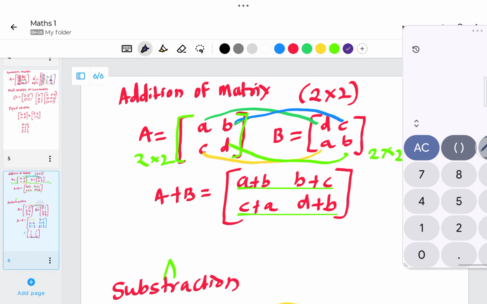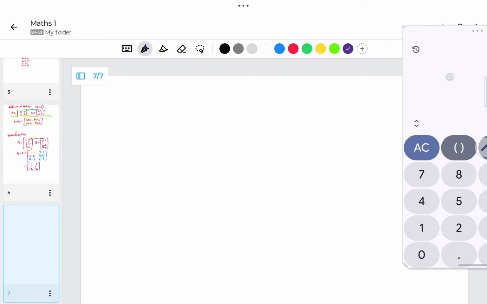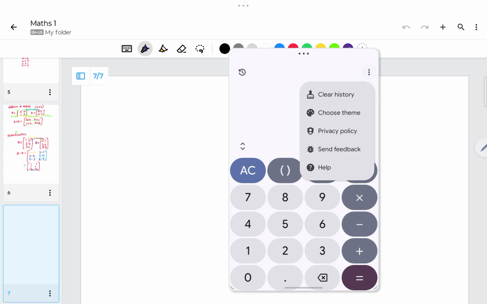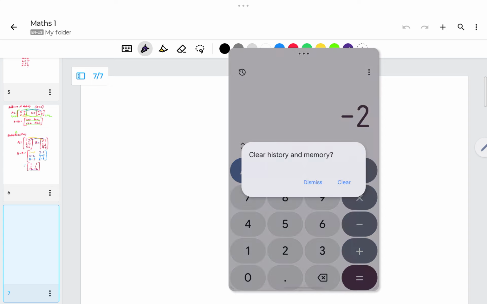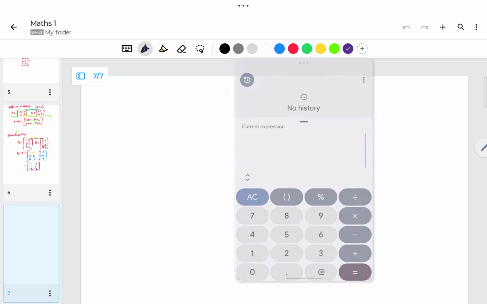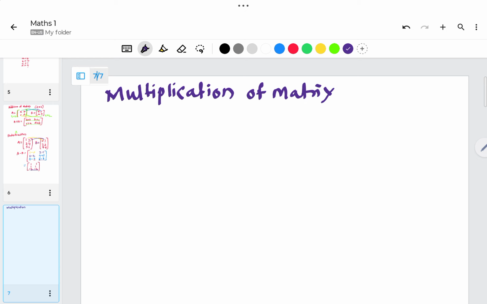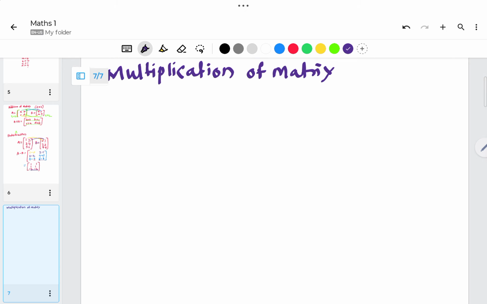Then multiplication. Multiplication of the matrix. If you want to multiply, then you should have a matrix.